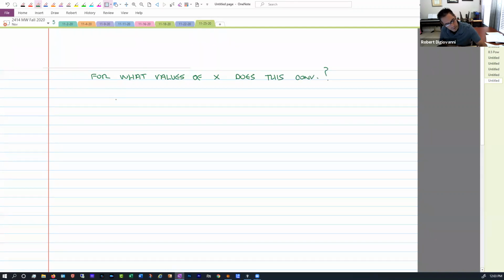Okay, here it is, your first official power series checking for convergence or divergence. Okay, the sum of (2n plus 1) x to the n over n factorial.